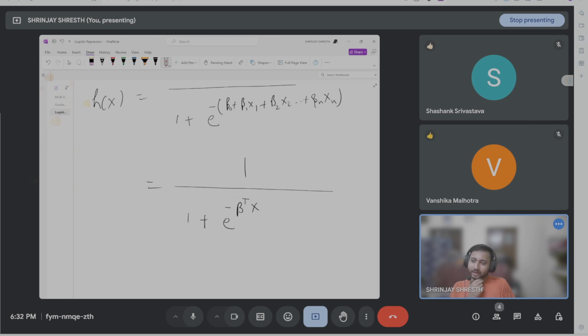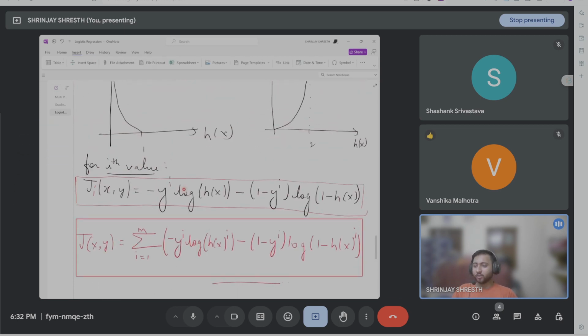Perfect. Now, you may say, if I have to get the best value of h(x), I would be able to get the best value of beta. Am I correct? अगर मेरे को prediction अच्छा करना होगा, हमको h(x) सही चाहिए, because see, यहाँ पे क्या हो रहा है? Y is either 0 or 1. Correct?